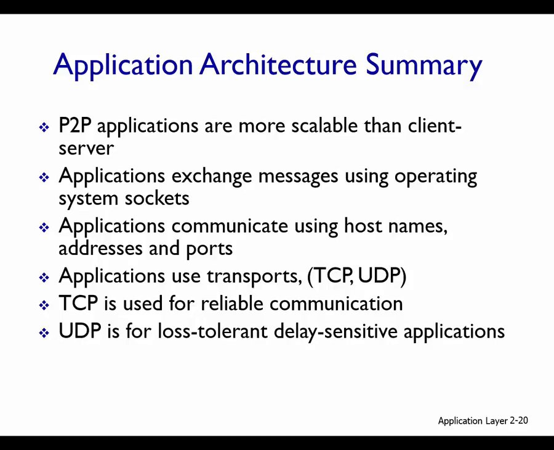Applications communicate using host names, which get translated into addresses and have particular ports defined for particular applications. Applications use transport on either TCP or UDP, where TCP is used primarily when we require reliable communication. I can't lose any data. And UDP is for loss-tolerant, delay-sensitive applications.